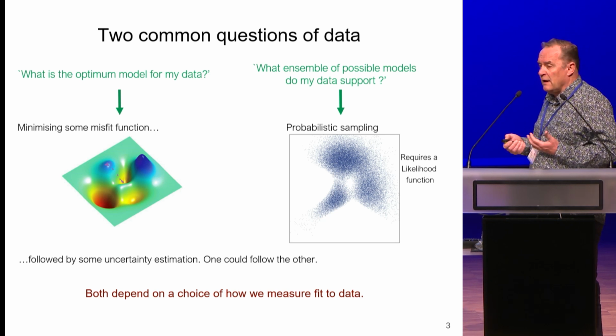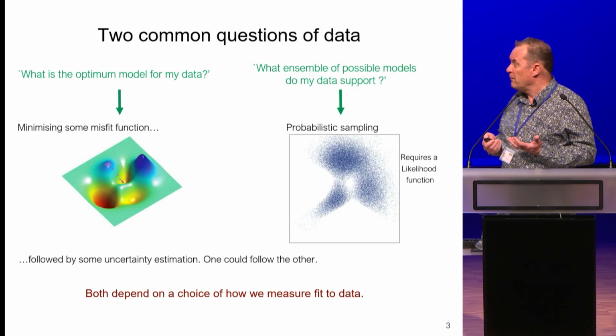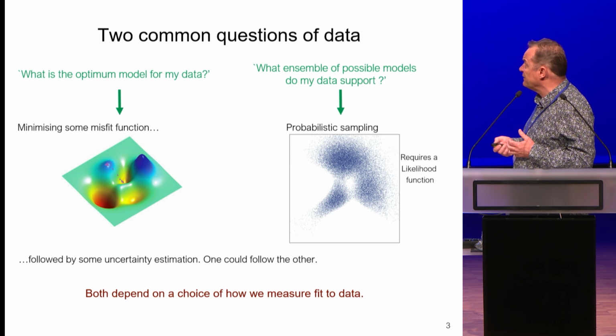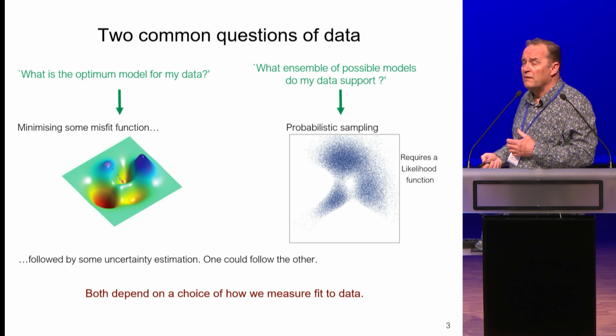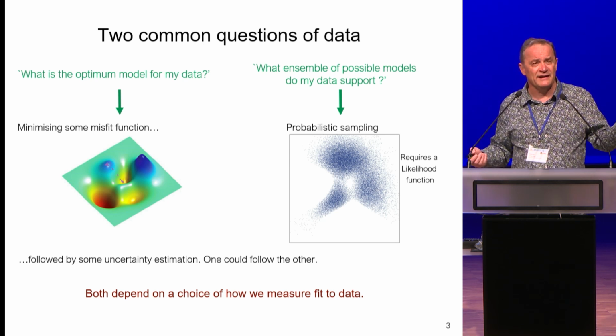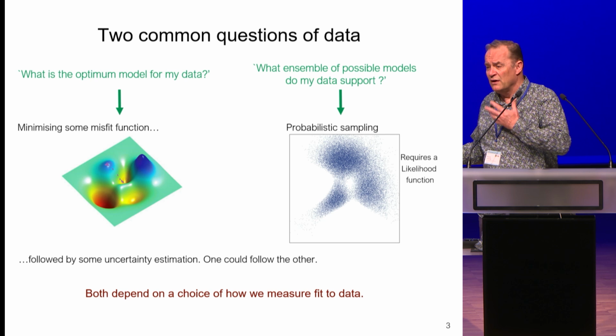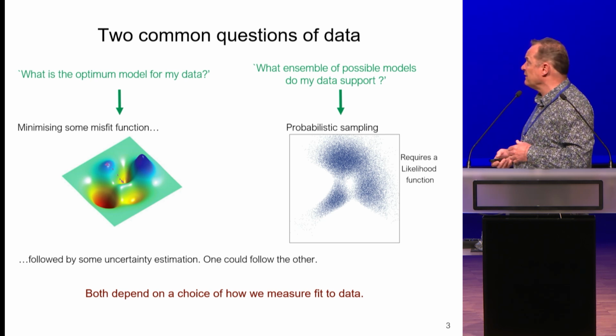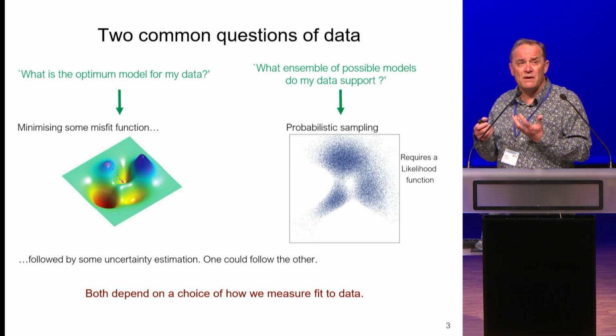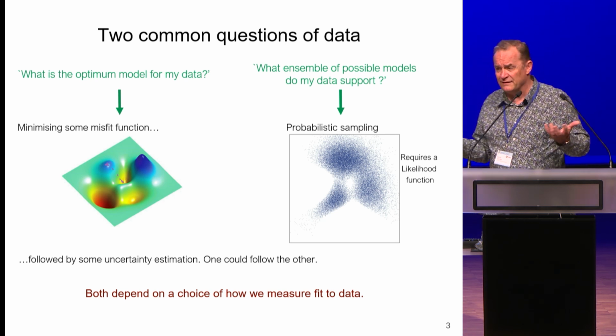So I'd like to use this slide to talk about two common questions we use in data. On the left-hand side, you'll see a multimodal misfit surface where we're trying to presumably find the minimum, which is in the well here, the red well. An approach to inverse problems is to fit data, to do optimization. So this is our fit to our data as a function of two parameters, and we're driving that towards some sort of good solution. And then we might do some sort of error analysis about that solution.